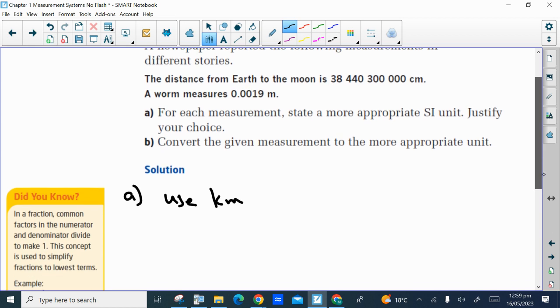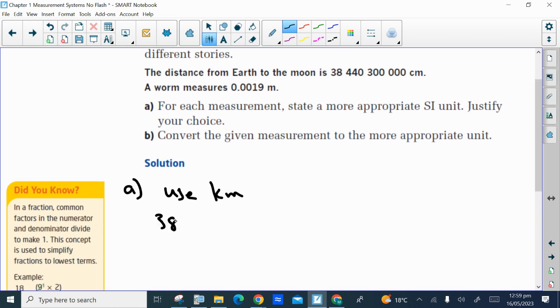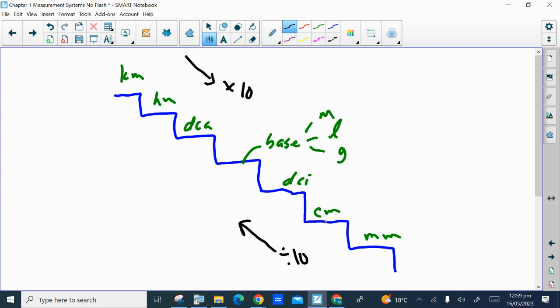And then to convert from centimeters to kilometers, we're going to refer back to that metric staircase. To go from centimeters to kilometers, you're going up the staircase. And as we go up the staircase, you're going to divide by a factor of 10 every step.